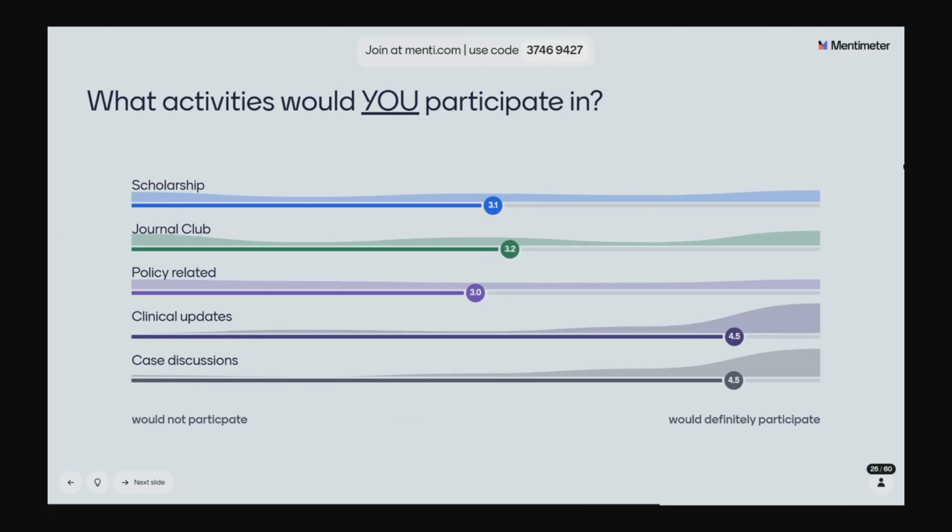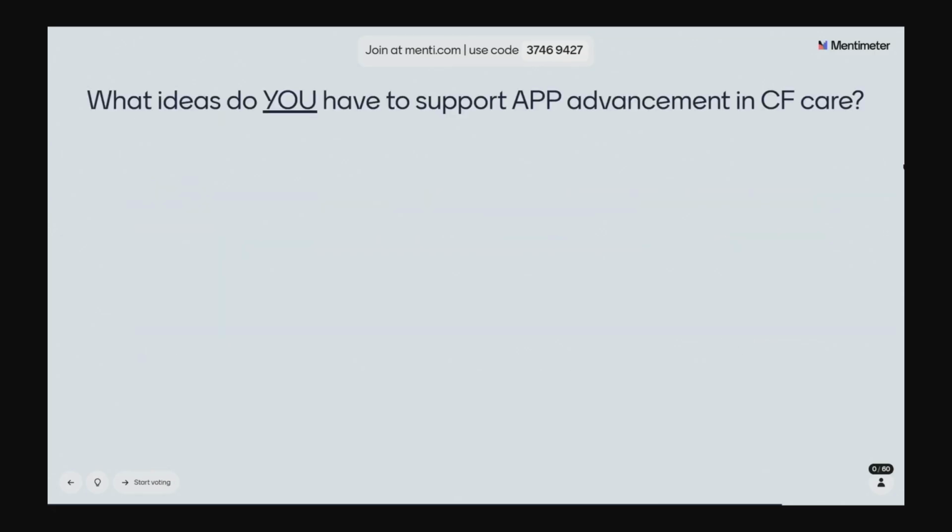Next one. What ideas do you have to support APP advancement? So this one you can write in short phrases, and I believe people can vote on other people's. I'm not sure. We'll see. Recognition. Good. I can't read them.